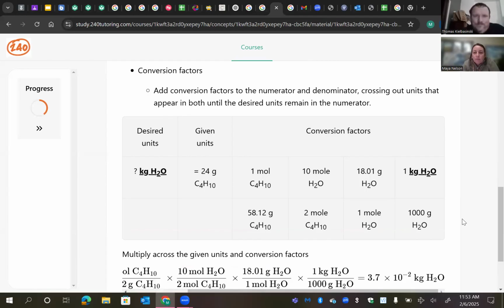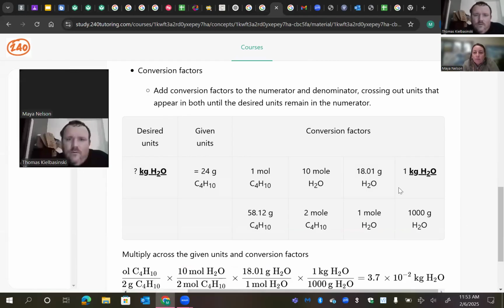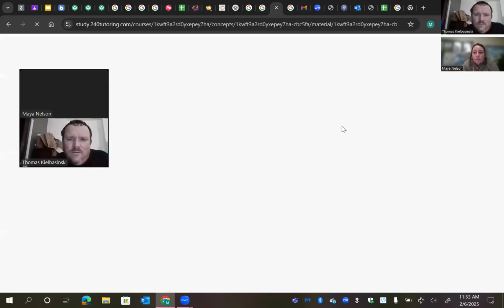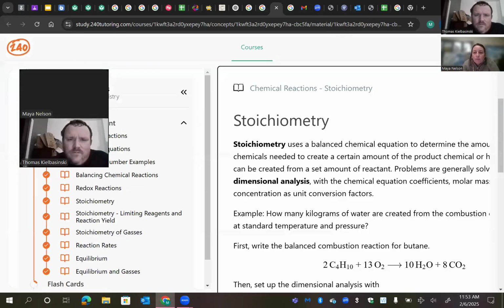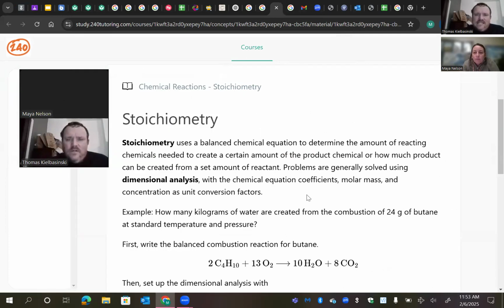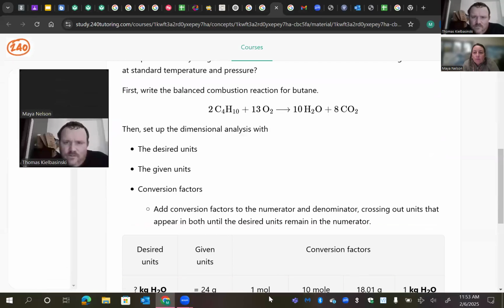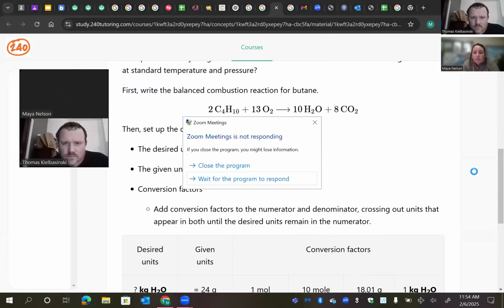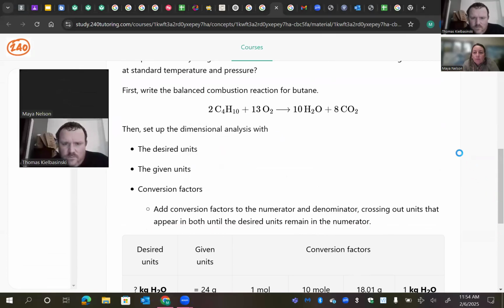Are you there? The computer went black for a second. I can see you on the right hand side over here. That's weird. My computer is wigging out. It's very hot.